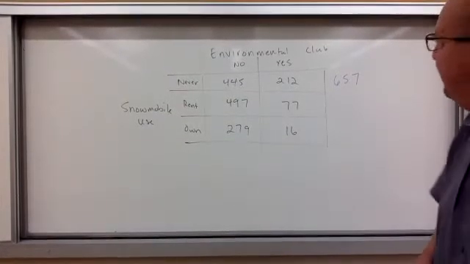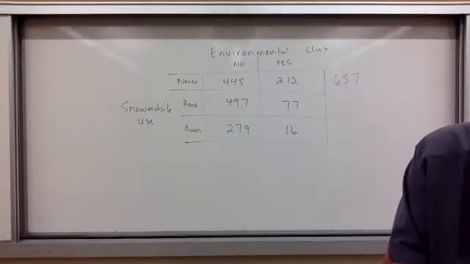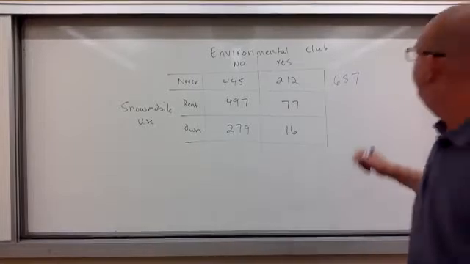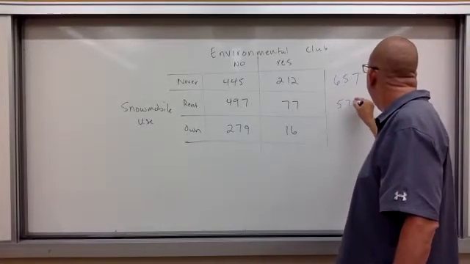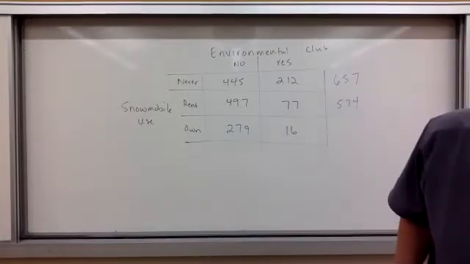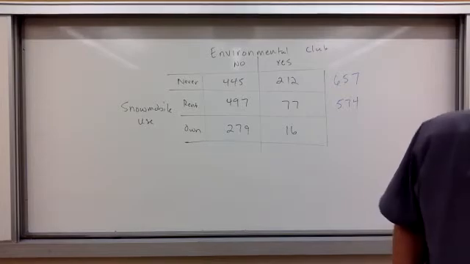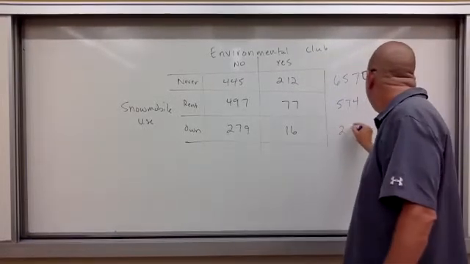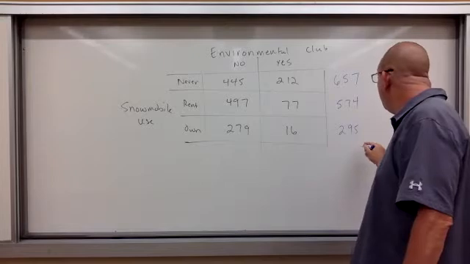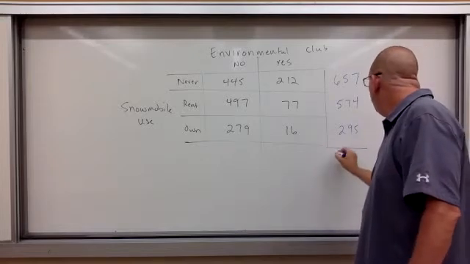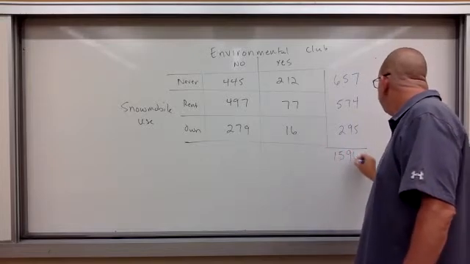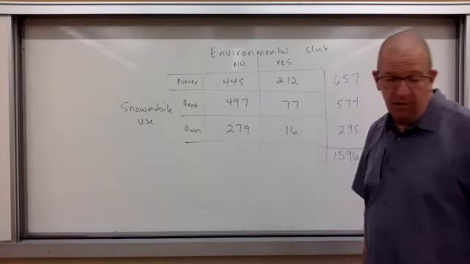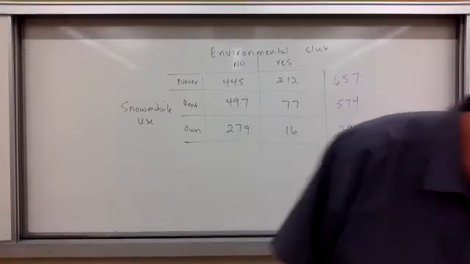Then we'll say 497 and 77, and that's 574. 279 and 16 is 295, and this should add up to 1,526.